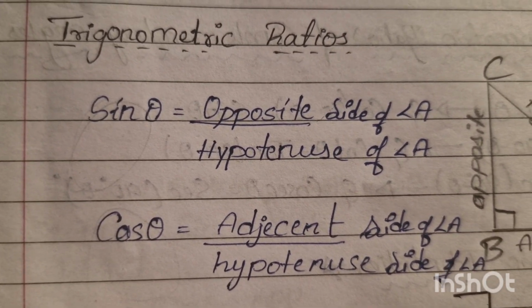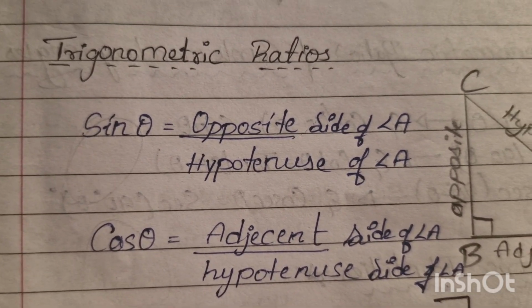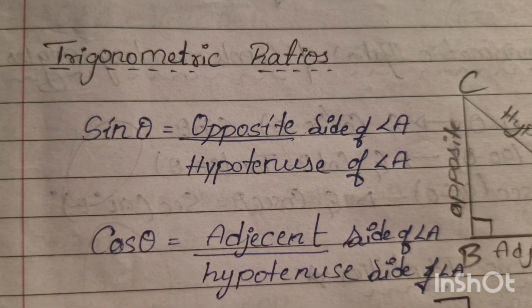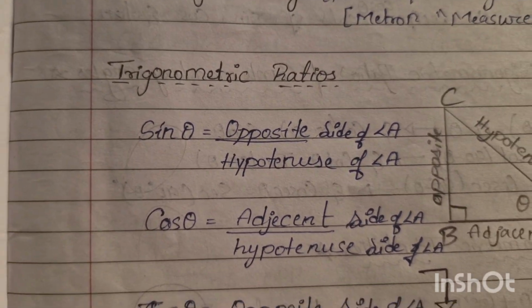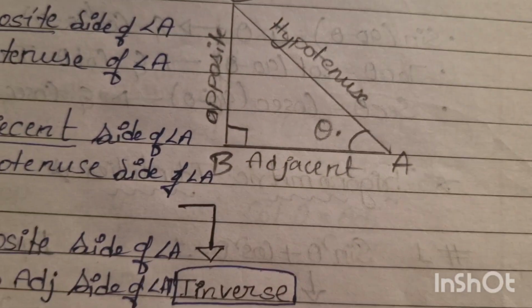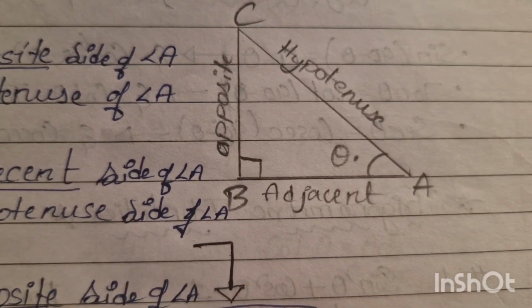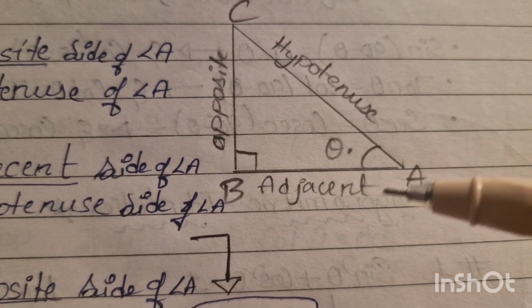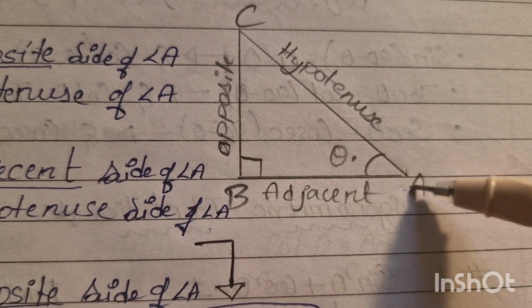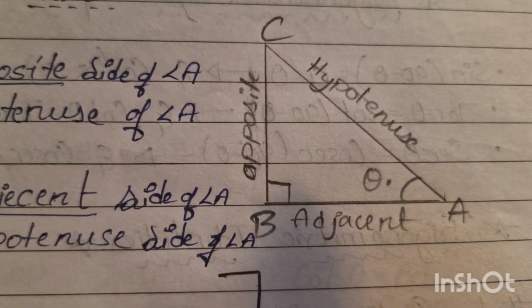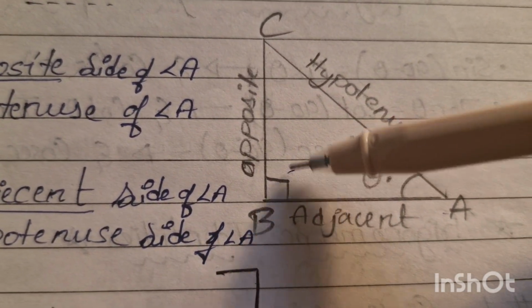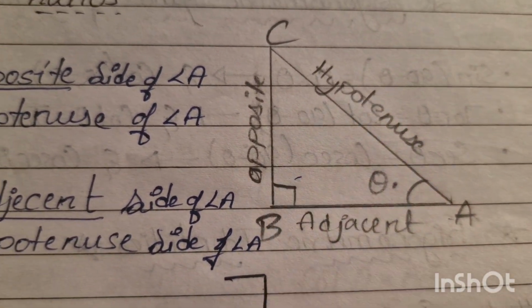Sin theta is equal to the opposite side of angle A by the hypotenuse of angle A. So here we can see in the right triangle the angle theta is at A, and angle B is the right angle.